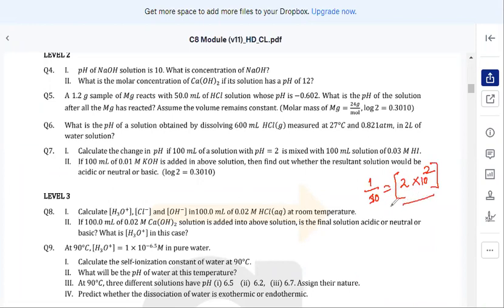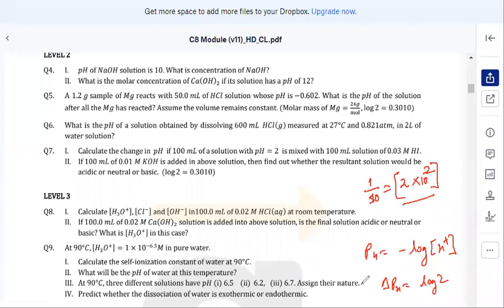So this is your H plus. Afterwards, initial pH is 2, final pH is this. pH is equal to minus log concentration of H plus, right? So what is the difference? Difference is of this log 2 now. Delta pH will be log 2.